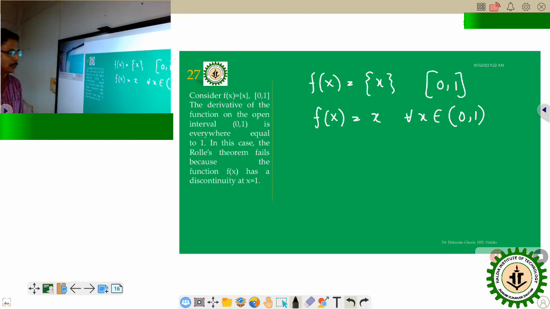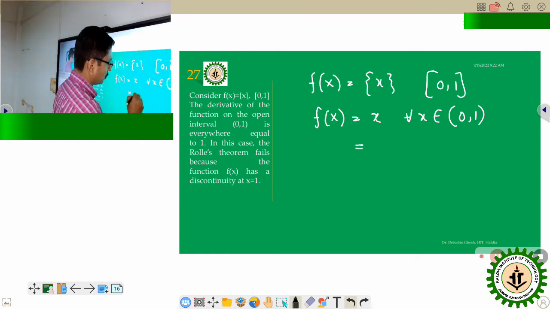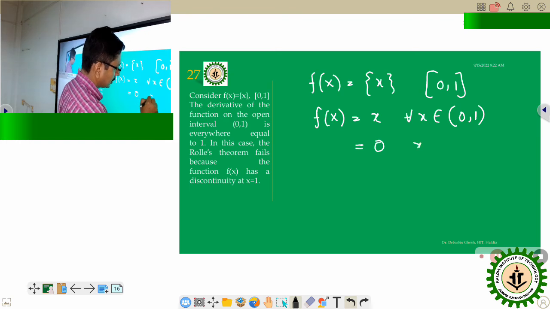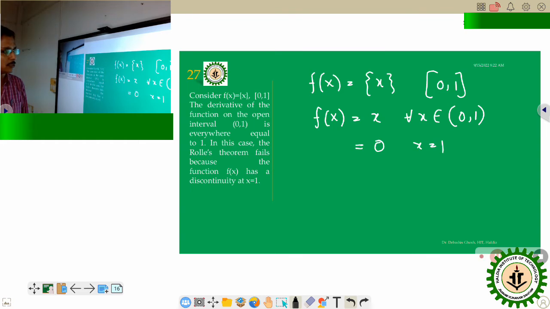But the thing is, if we consider the function's continuity in case of f of x, it comes to 0 when x equals 1, because it has no fractional part. So we can write that the functional value is 0 when x equals 1.